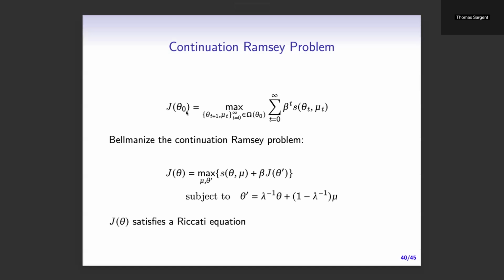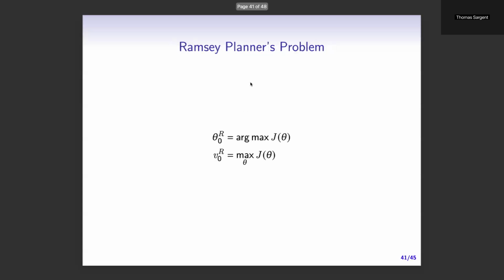Because remember, he's choosing the entire sequence of money creation rates, and therefore the entire sequence of inflation rates. He wants to choose the entire sequence. So we've broken the problem into two parts, a continuation Ramsey planner, and then the Ramsey planner, who is just going to choose the theta zero that maximizes this. So the value of the Ramsey plan is going to solve this. So this is the Ramsey planner's problem.